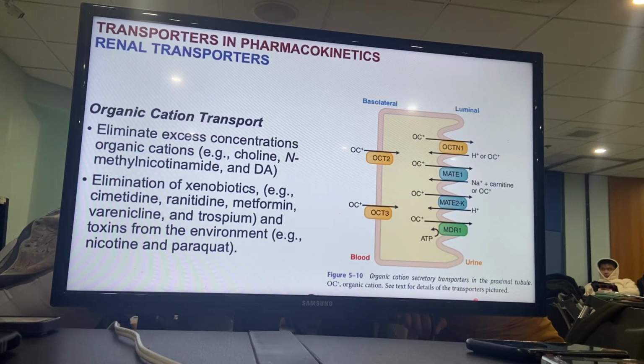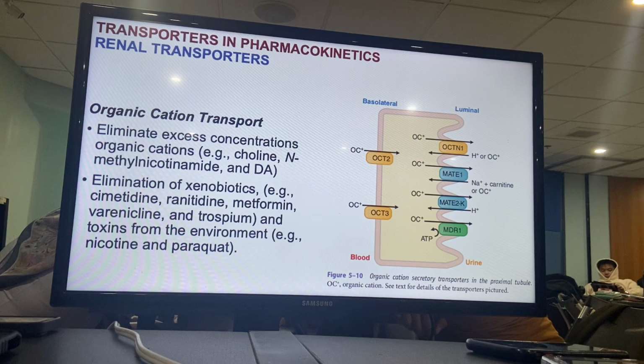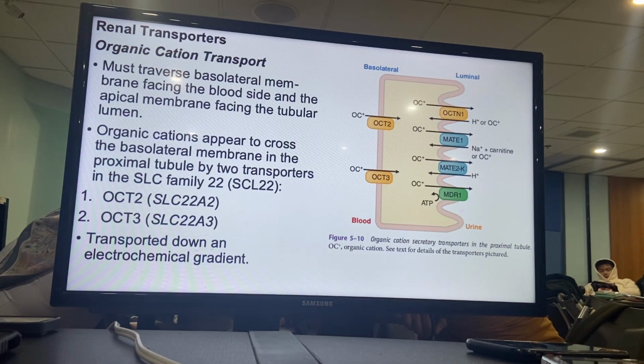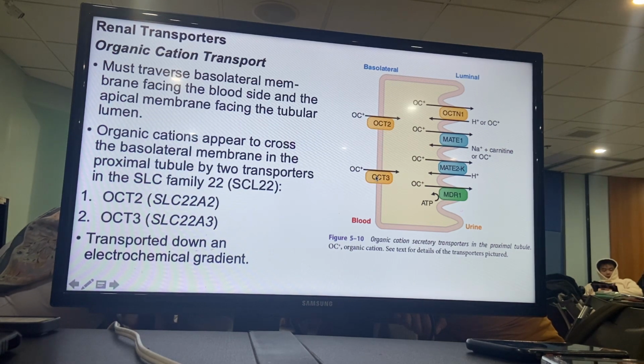In the renal transporters, you have cation transport and you have anion transport. The role of the cation transport is to eliminate organic cations or even toxins and xenobiotics. As was mentioned in the video, your transporter must traverse the basolateral and the luminal side. The basolateral membrane faces the blood side, the circulation.